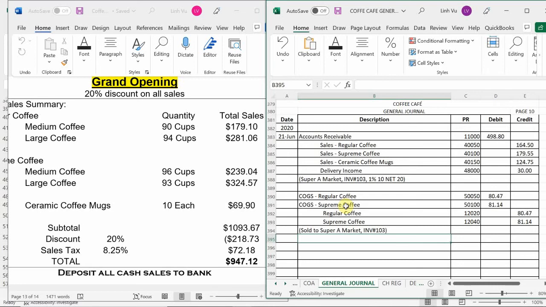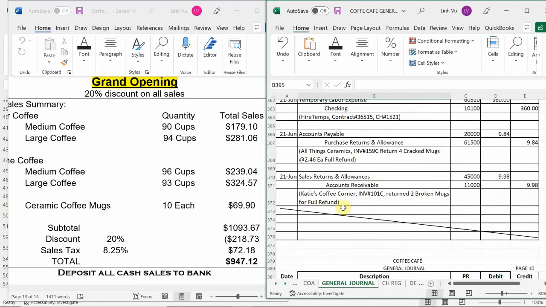The medium regular coffees, the large supreme coffees, and all that. Good. And what did we receive? Mugs. We did not receive mugs. We sold mugs. Cash. We received cash. Good.